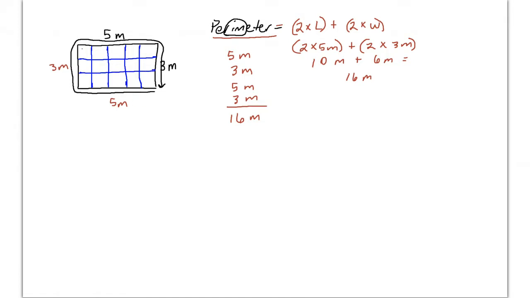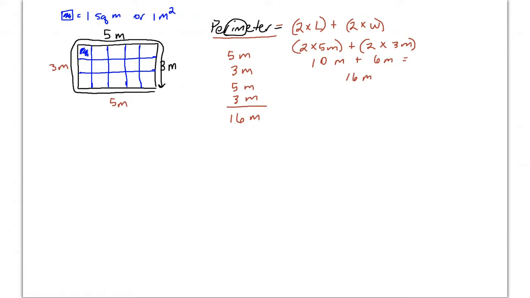So this area right here is 1 meter by 1 meter, which is equivalent to, let me draw that same little area right there, 1 square meter, or I could say 1 meter squared. Either way, it's the same answer.